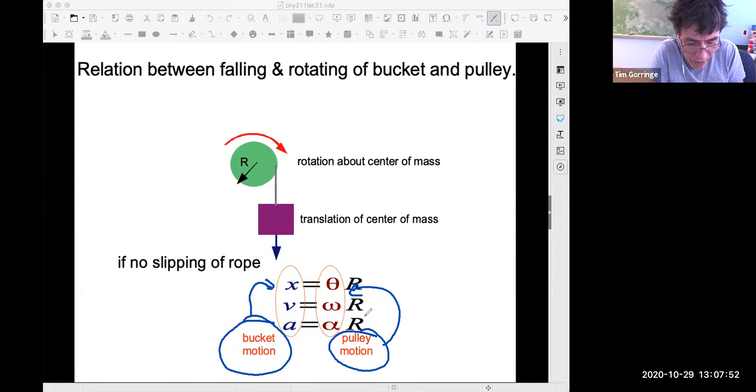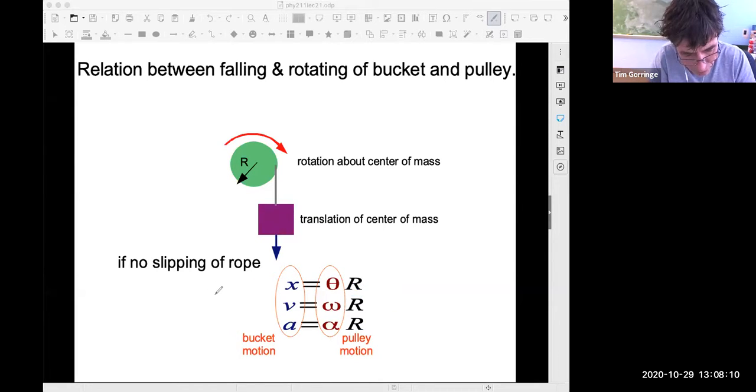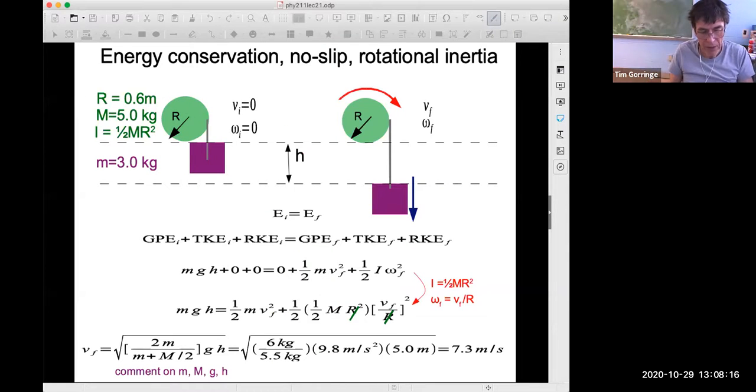For example, the linear velocity v of the bucket is related to the angular velocity omega of the pulley by this equation, v equals omega r, where r is the radius of the pulley. We're going to use that, what I call a no-slip condition. It means that the rope is not slipping or sliding over the pulley. And we're going to use that when we apply energy conservation to the problem.